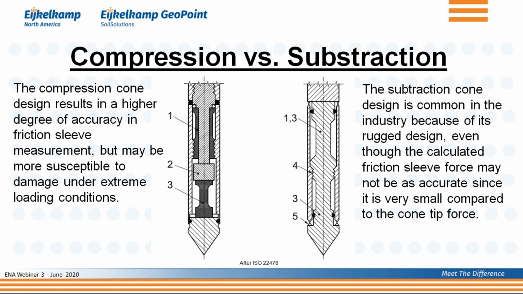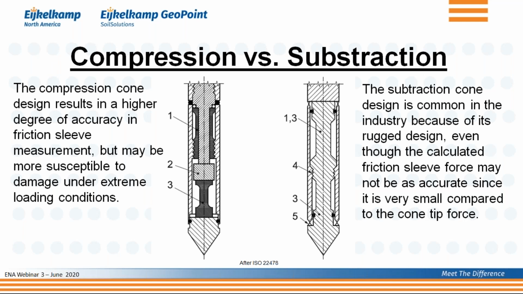In a compression cone, since you can size the load cells specifically for the job, they are, generally speaking, more accurate when it comes to measuring the sleeve friction, but they're a little bit more susceptible to damage, especially when you load them to relatively high levels. The subtraction cone has a more rugged design, therefore stronger in the field, but may not be as accurate when it comes to the sleeve friction.